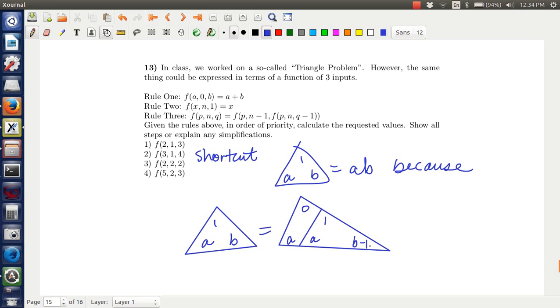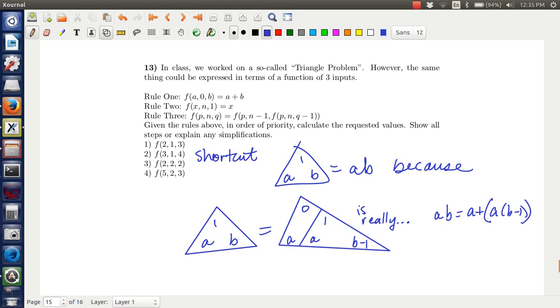And this means A times B is really saying A times B is A plus A times B minus 1.